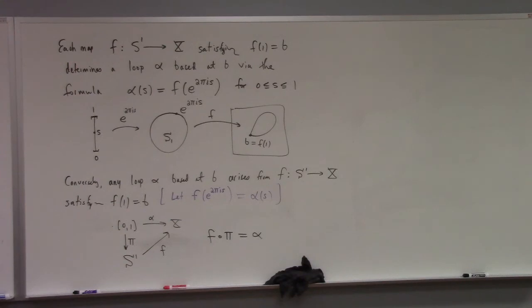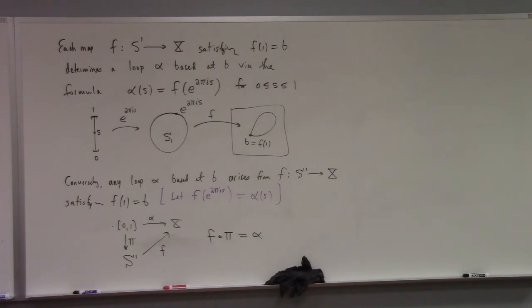All right. So he says, if the loops alpha naught and alpha 1 based at B are homotopic with endpoints fixed, then the corresponding maps f0 and f1 are homotopic relative to the base points 1 in S1 and B in X, in the sense that there are maps.